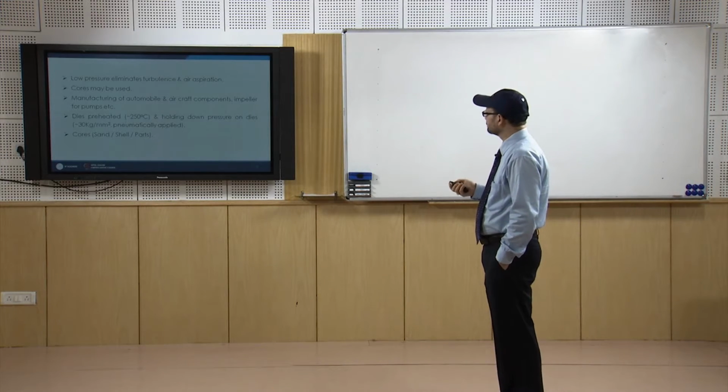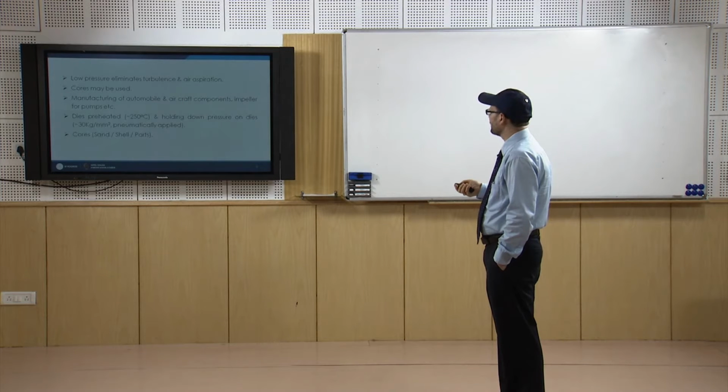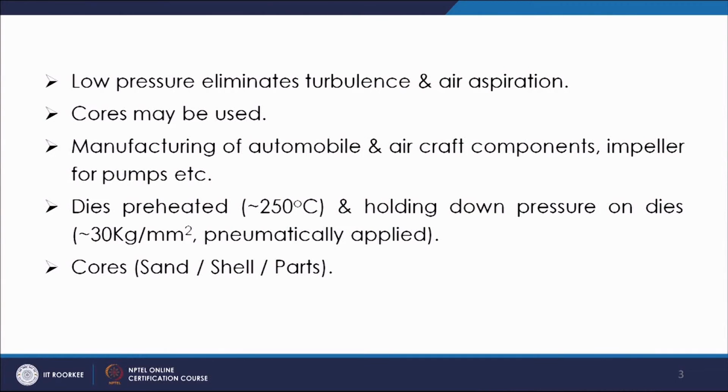This method is used for manufacturing of automobile and aircraft components, impellers for pumps, etc. So, for these materials you use this process. Dies are preheated to close to 250 degree centigrade, and holding down pressure on the dies is applied, because you have to maintain the pressure, and that pressure is about 30 kg per mm square.